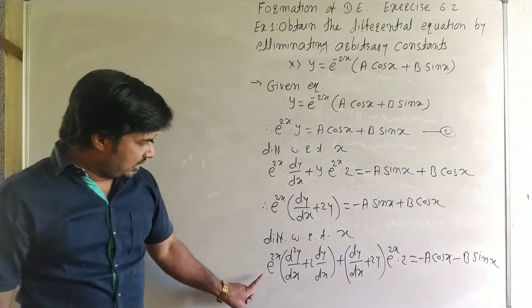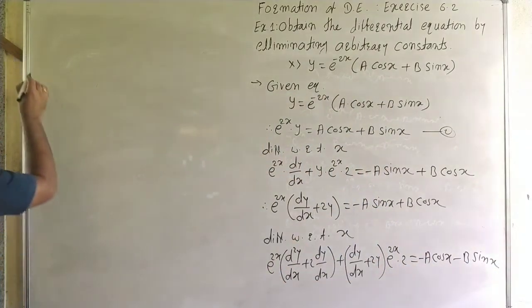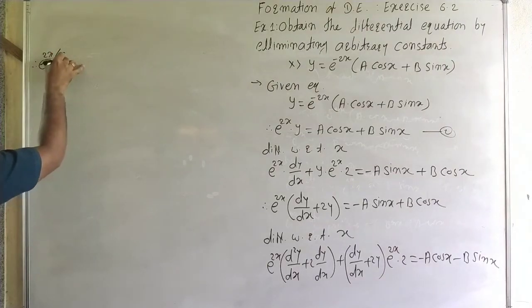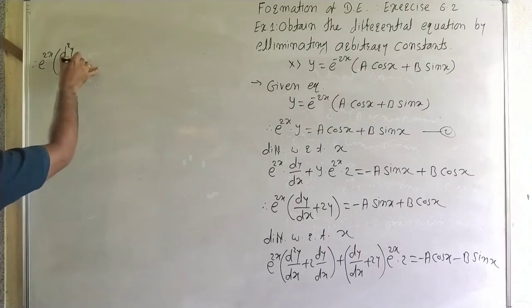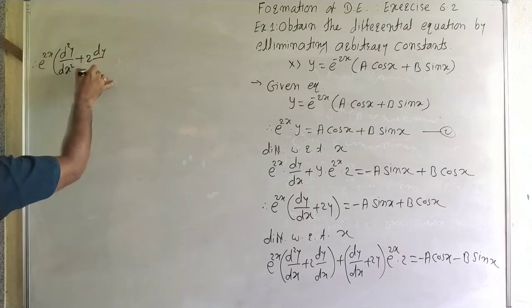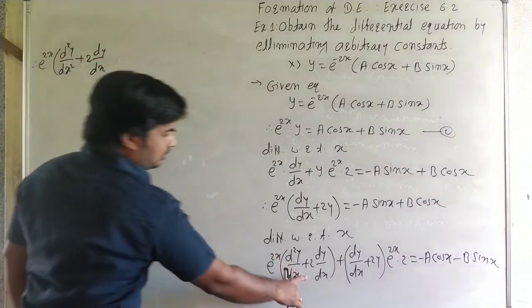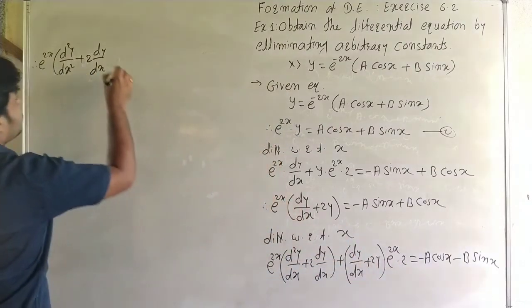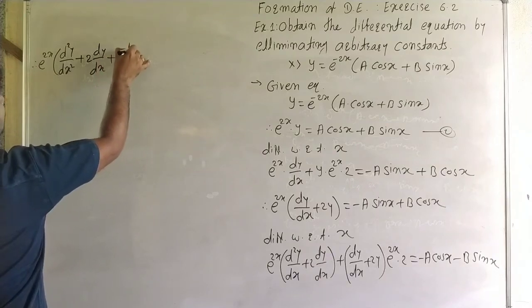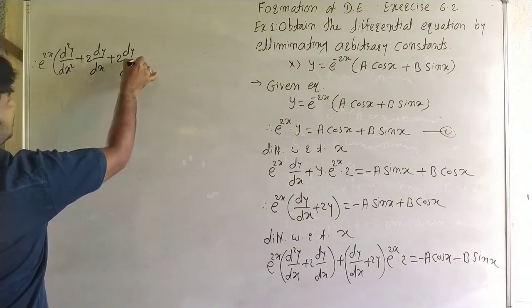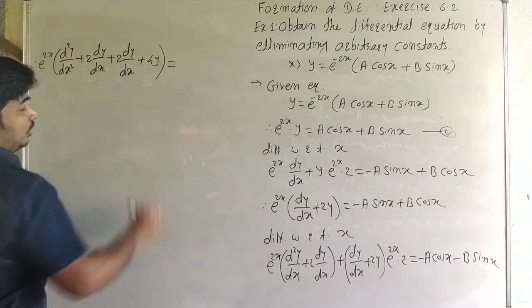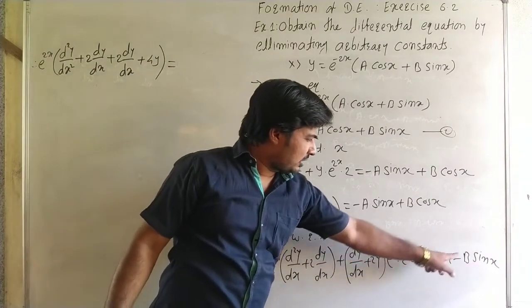Now here we take e raised to 2x common. When e raised to 2x is taken common, we get d2y by dx2 plus 2 dy by dx, this term, and in this term e raised to 2x taken common, it is 2 into this term plus 2 dy by dx plus 4y is equal to minus a cos x minus b sin x.